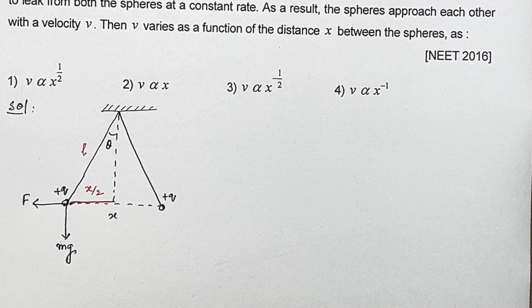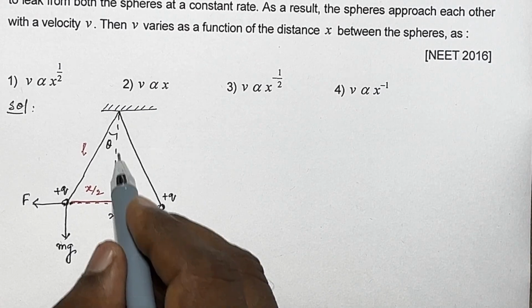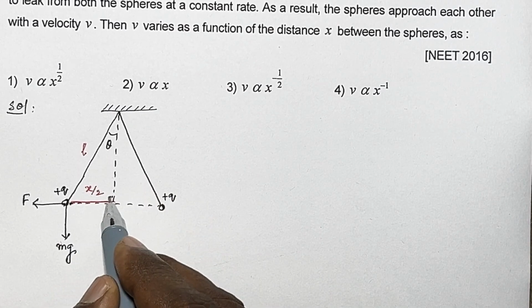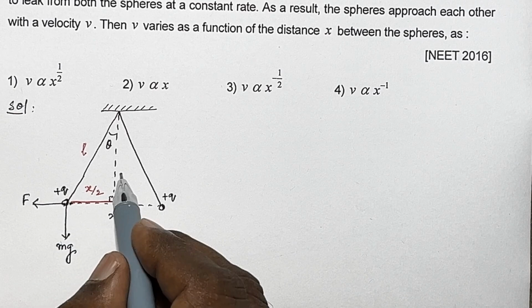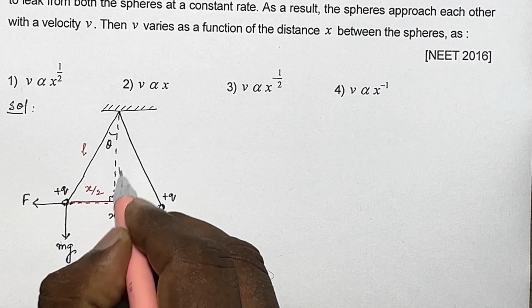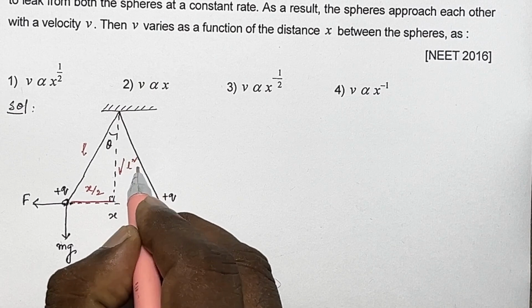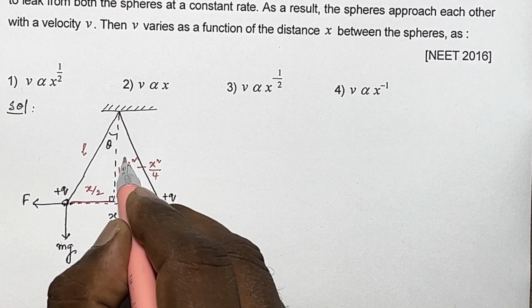So these are the forces acting on this. And now here in this right angle triangle, this is the hypotenuse, this is one side. So the other side we can write as root of L square minus x square by 4.